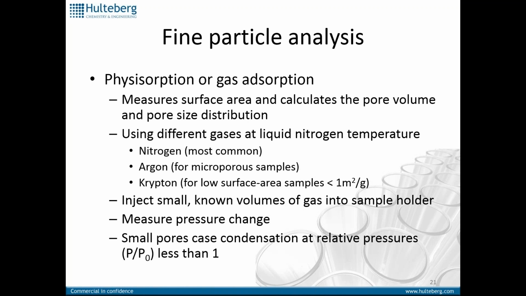And what you do is you cool down your sample, then you inject a known volume of gas into the sample holder, and then you measure the pressure change very precisely.